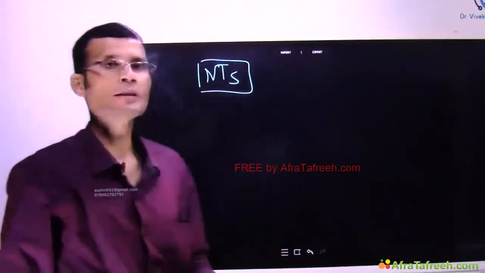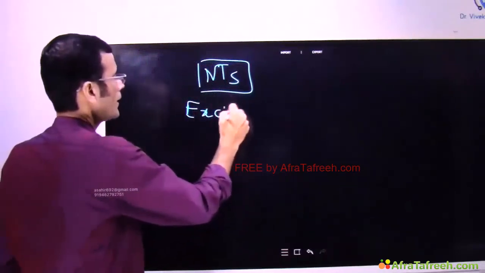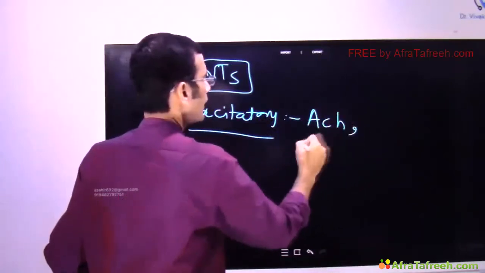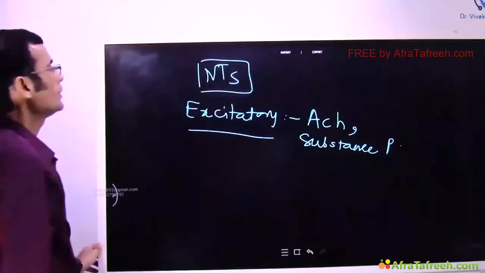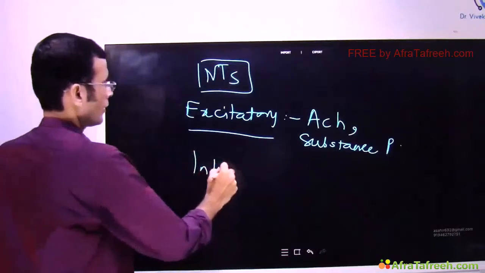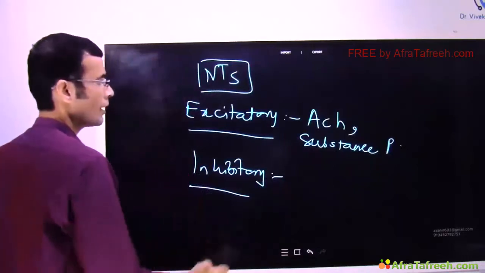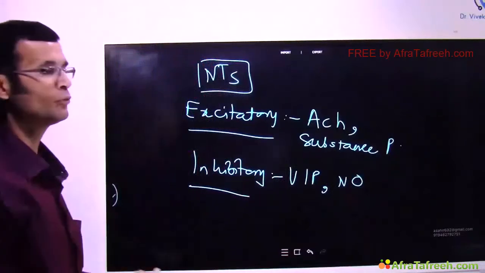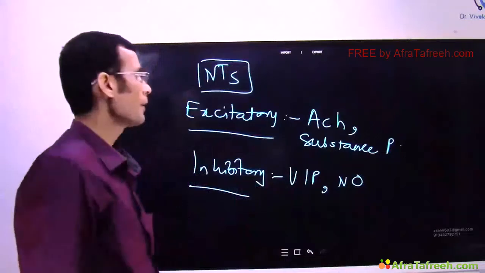The commonest excitatory transmitters in the ENS are acetylcholine and substance P. Commonest inhibitory transmitters are VIP and NO, vasoactive intestinal polypeptide and nitric oxide.